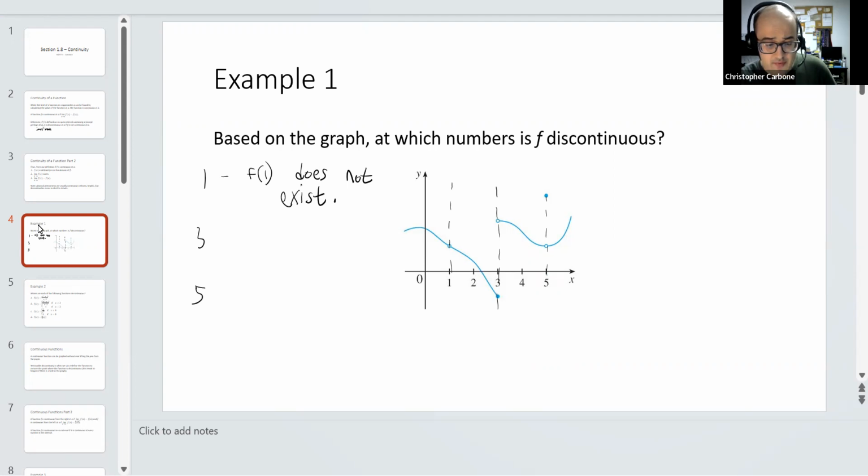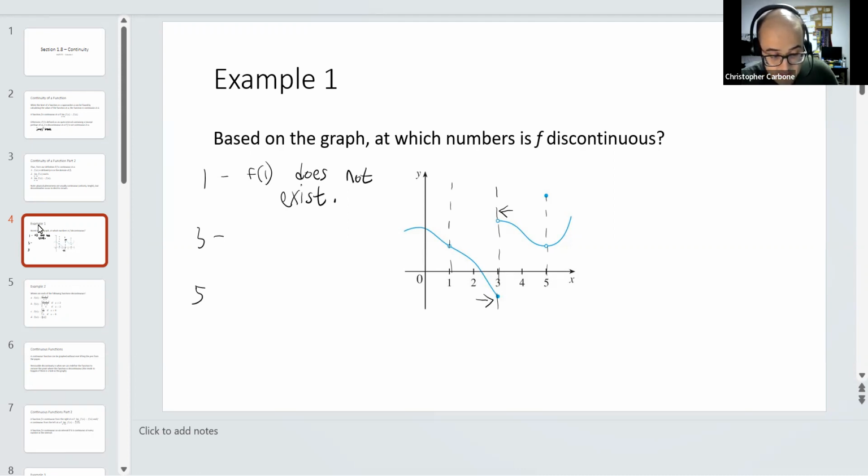At 3, we have that break. So because of that, even though it is defined at 3, at f of 3, if we go from either the left or the right, the two limits do not exist. So because of this, it's not continuous at 3.